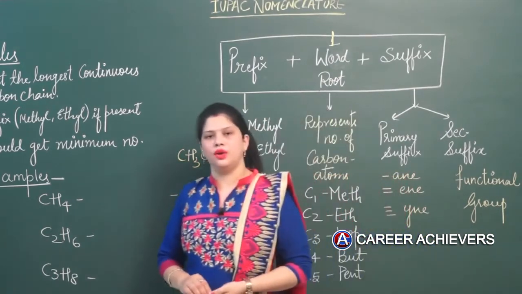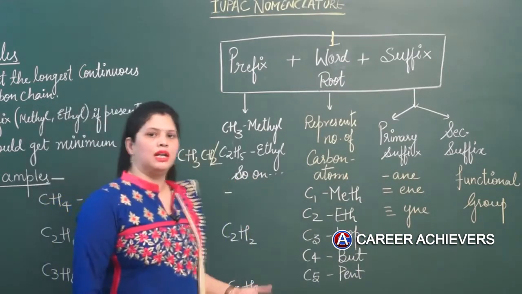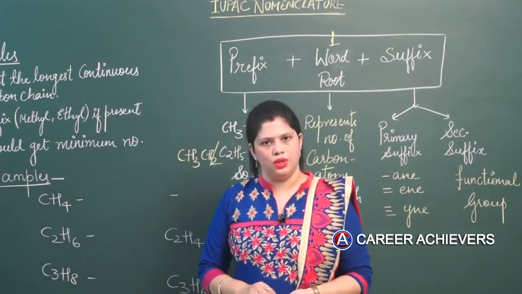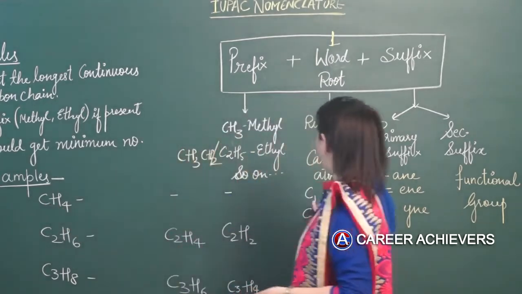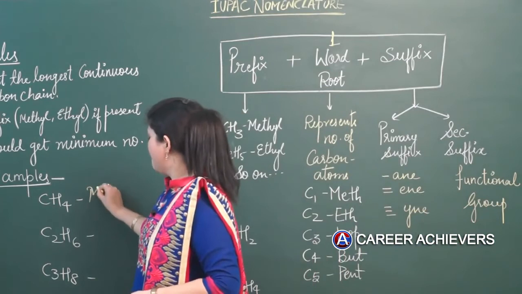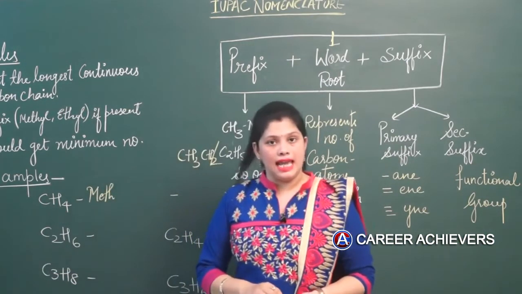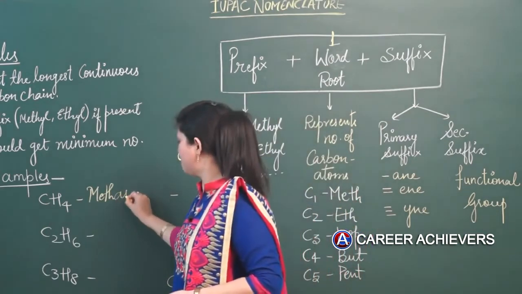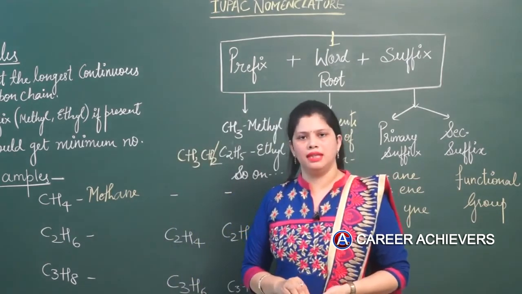In the last video we learnt about alkanes, alkenes and alkynes, so in this one we will learn how to write the names of alkanes, alkenes and alkynes. If I talk about CH4, as I told you, if you have only one carbon, you write the word root as meth, and as it is an alkane containing a single bond only, we write the primary suffix as ane. So the name would be methane.